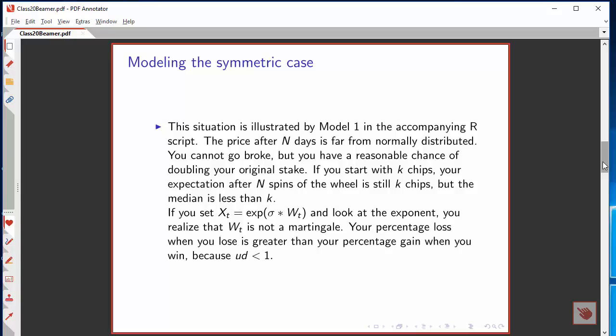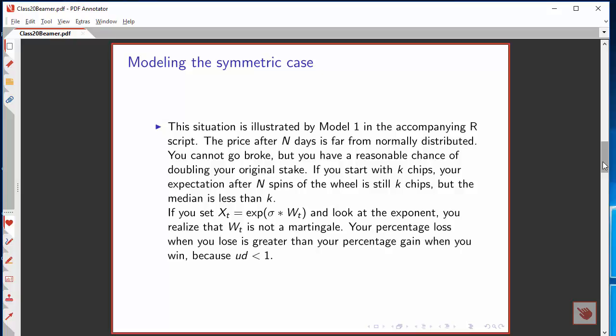On the other hand, if you go down by 1/2 from 50 to 25 or from 1 to 1/2, you've gone down by a factor of 2. So it's built into this assumption of equal gain and equal loss that with a probability of 50% your percentage loss is going to exceed your percentage gain, and therefore on the average the exponent will drift down.